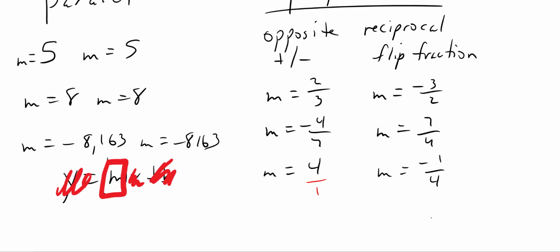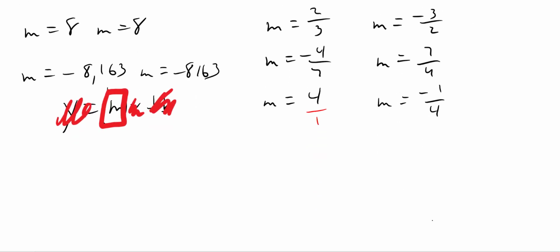Let's do a few more. This is always a confusing one. The slope is 1. What's the reciprocal of 1? If I flip 1 over, I still get 1, but of course you need a negative sign. So 1 and negative 1 are opposites and they're reciprocals, so that would be perpendicular as well.